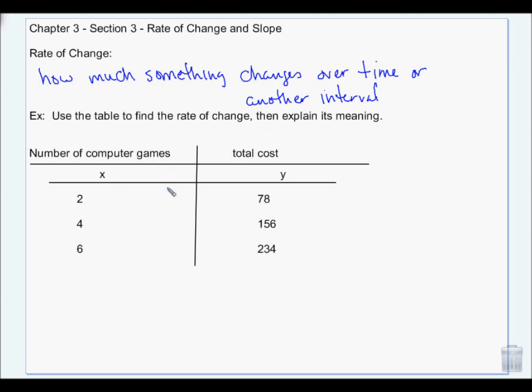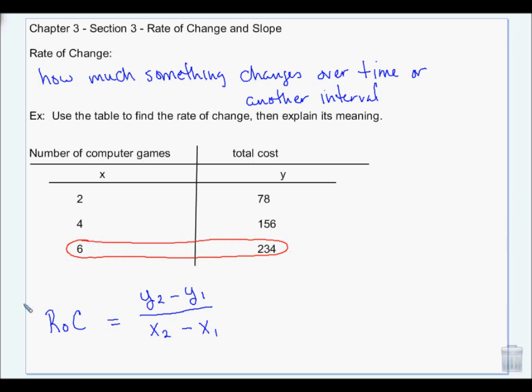Okay, to find the rate of change. The rate of change formula, I'm going to call it ROC, rate of change. You take one of the y's and you subtract another y, and then you take a matching x and you subtract a matching x. So to find the rate of change on this computer game cost thing, I need to use 2 sets of points.